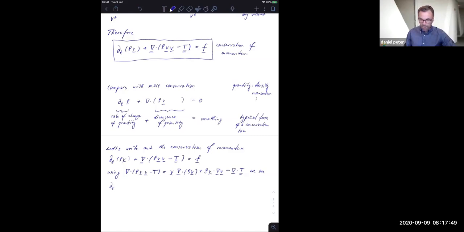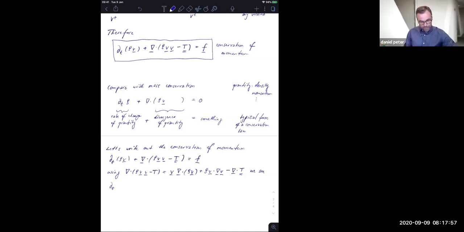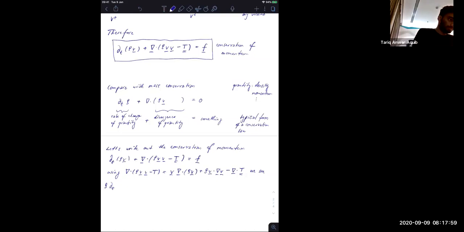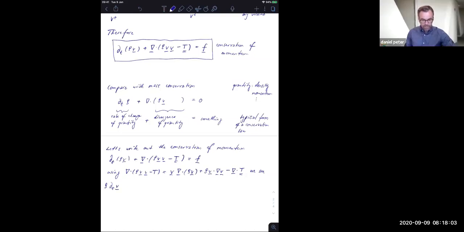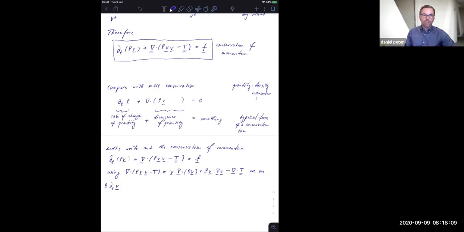So the first term doesn't change. Oh, we can, yeah, let's take density in front here. So let's write this term. When we take the time derivative of the first term, we can split it up into two terms.